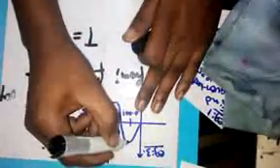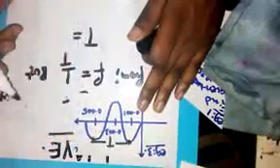Before getting to frequency, let us recall how we can get frequency when we have the period. Frequency is the reciprocal of period. But what is period? Look here, from this point to this point, this gap is the period.